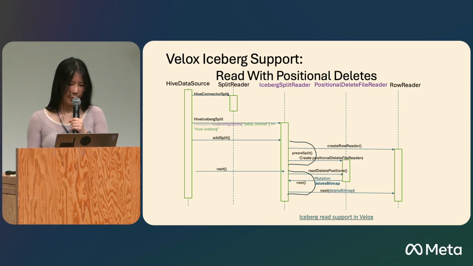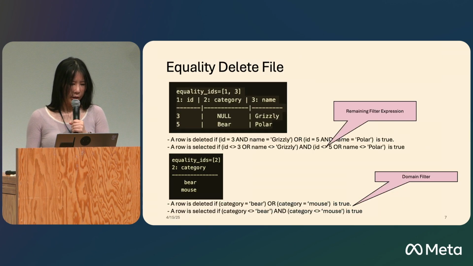This bitmap is pushed down to the reader as an initial row set, so those rows are excluded from the very beginning, meaning we don't have to decode these values and put them into Velox vectors.